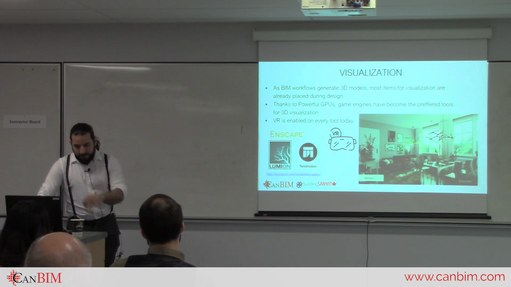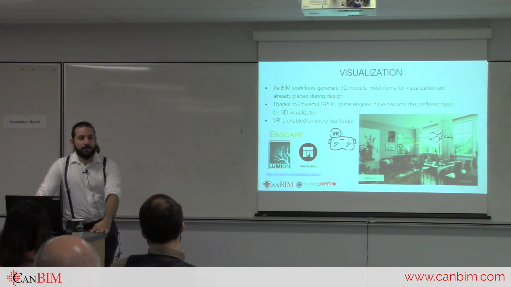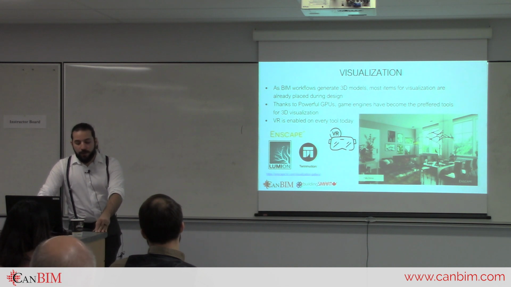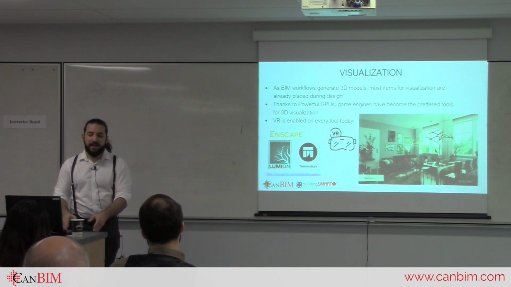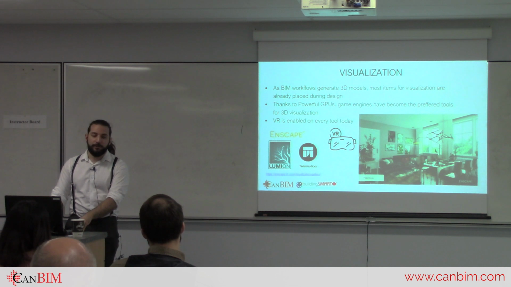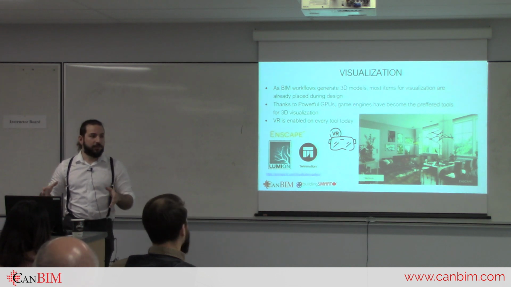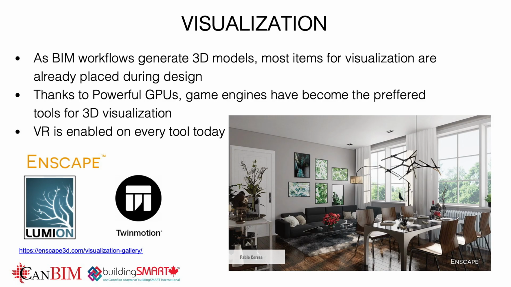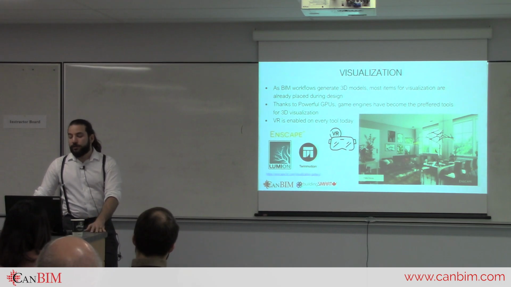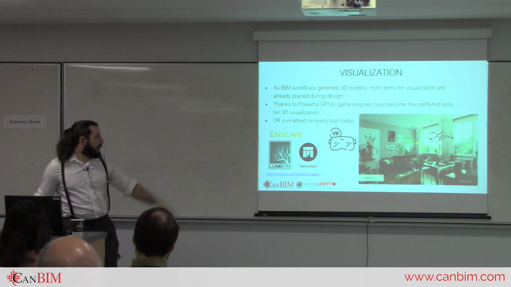But until recently, for high-end rendering, you'd throw the model to either Mental Ray or V-Ray and render it for like 5 hours to make something look decent. Right now, we have very powerful graphics cards, and the technology has come a long way. We have software to use with them, such as Enscape, Lumion, or Twinmotion.